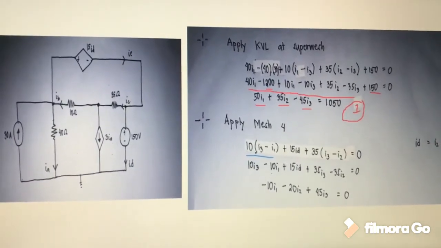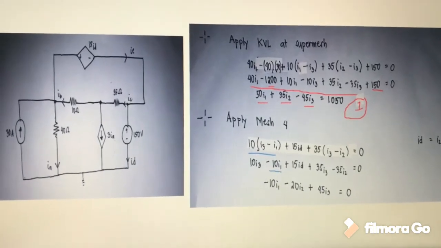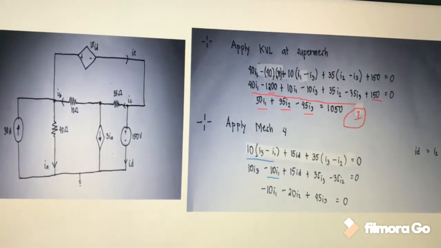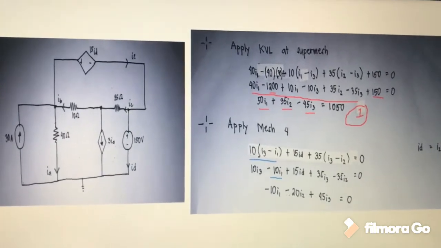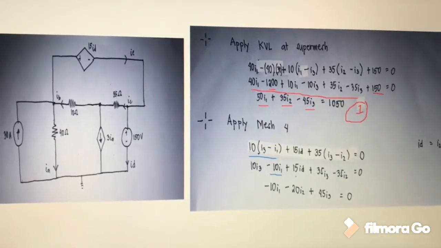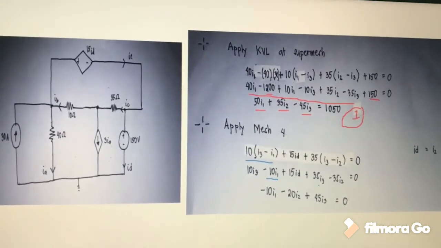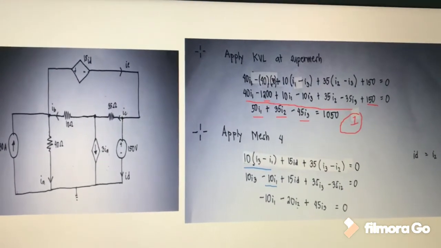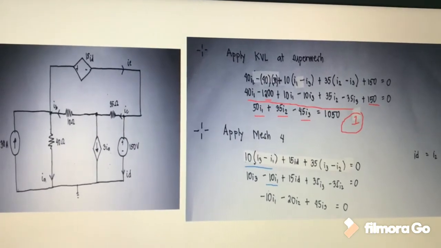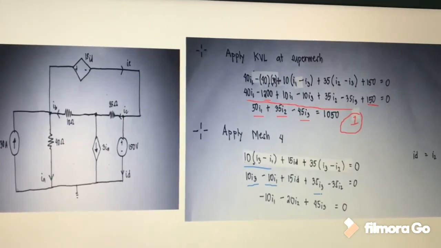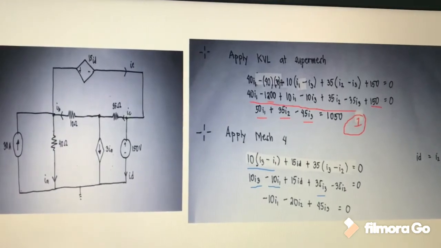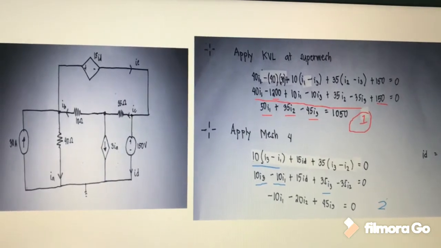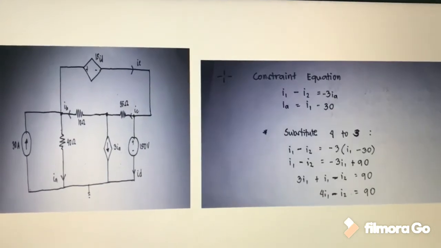The same process, however, there is only one I1, so just copy negative 10 I1, and negative 20 I2 because the 15 ID minus 35 I2, that's why it became negative 20 I2, plus we have here 2 I3, 10 plus 35, which will become 45 I3 equals to 0. So this will be our second equation.